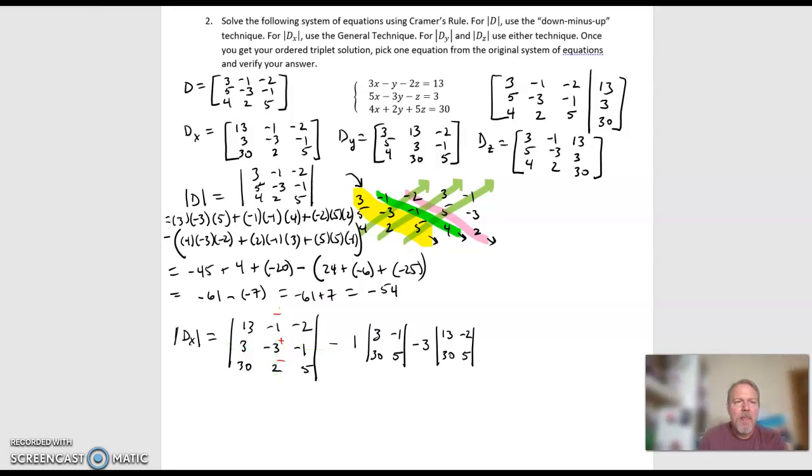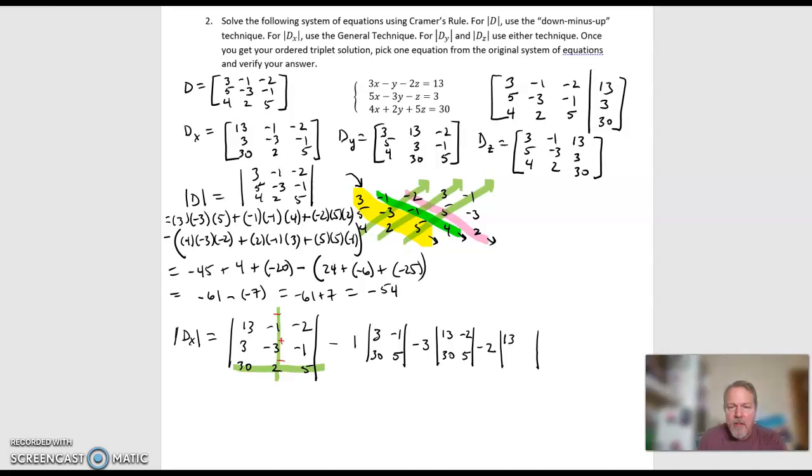And then finally, I take this last number in the second column. It's a positive 2. Negative or positive is negative. So I write down the negative 2. And it's going to be multiplied by the determinant of, I cover up the column that this 2 is in and the row that this 2 was in, and the remaining numbers, 13, negative 2, 3, and negative 1, make my third matrix that I'm taking the determinant of.